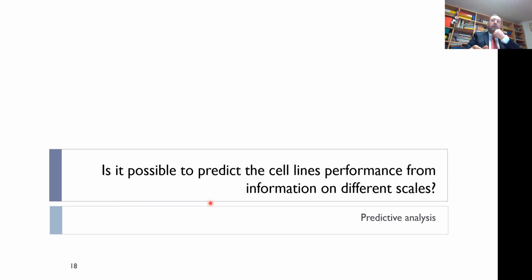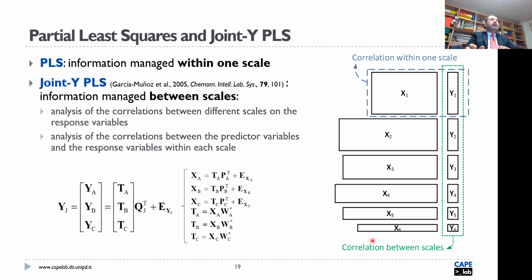The second activity I would like to show you is related to a predictive analysis, and in particular to the prediction of the productivity performance of the cell lines in the scale-up. To this purpose, we adopted a multivariate regression technique, which is the projection on latent structures.